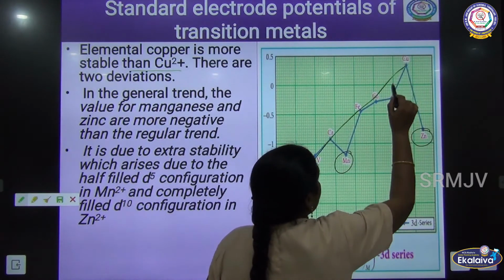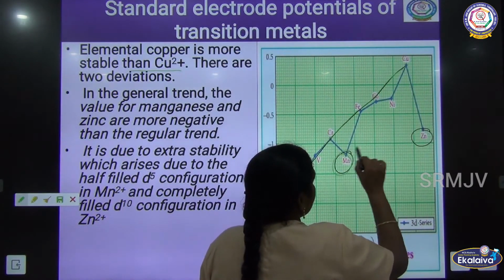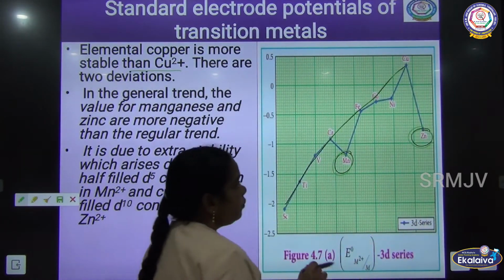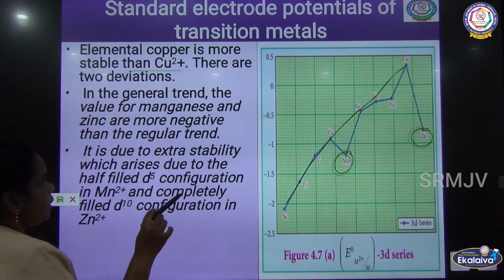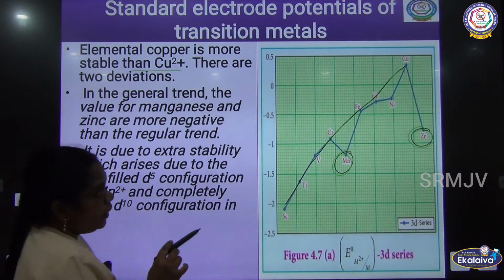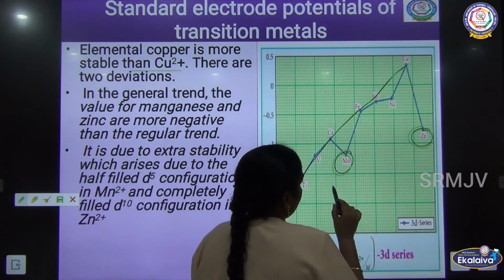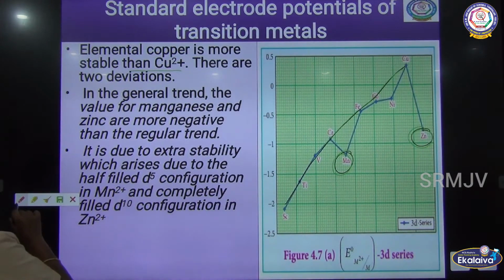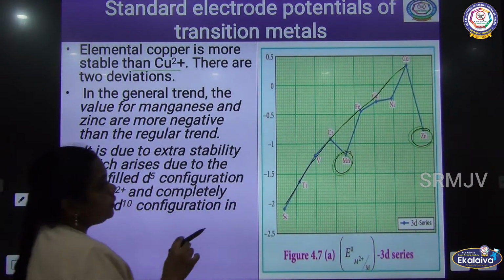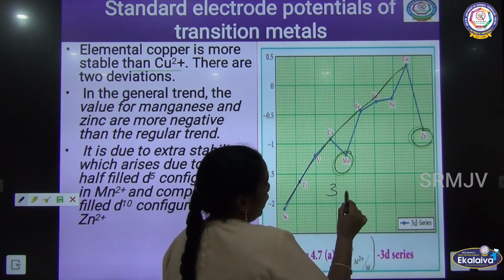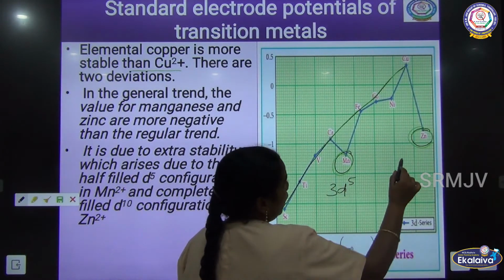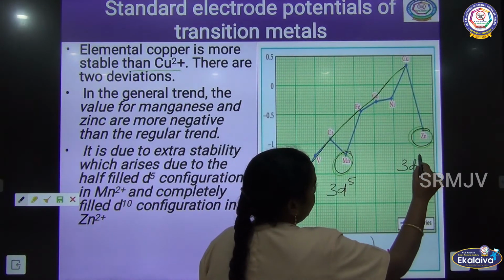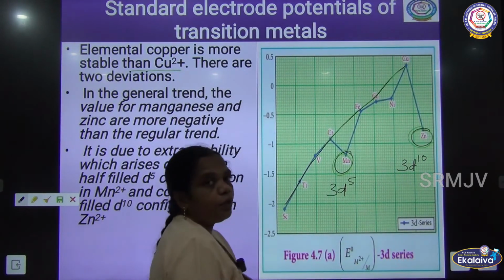But there is a steep variation for manganese and zinc, because of the extra stability. Manganese has D5 and zinc has D10 electrons in the outermost orbital.